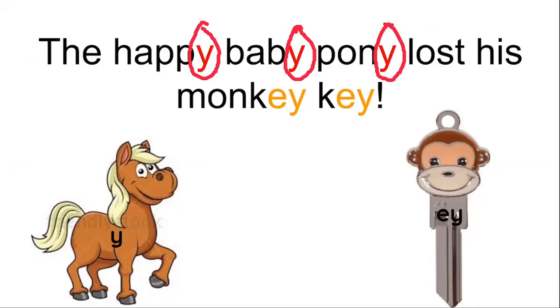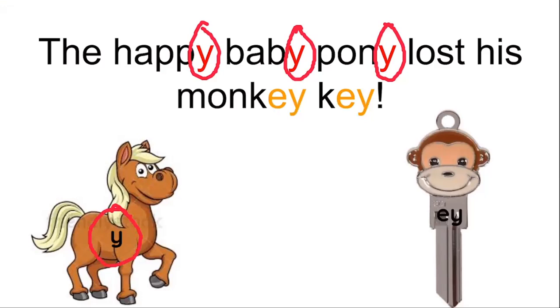When you have a multi-syllable word, like 2 syllables or more, that ends with the E sound, we usually use the Y to say E. Happy, baby. If you remember those words, just connect pony to it. Pony. So it's the Y all by itself at the end of a multi-syllable word.